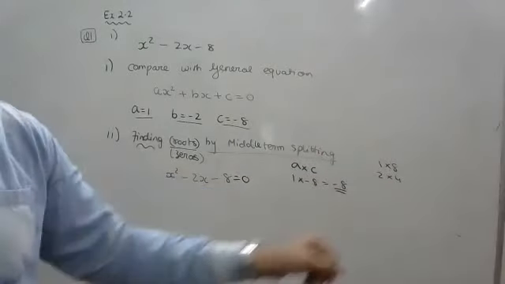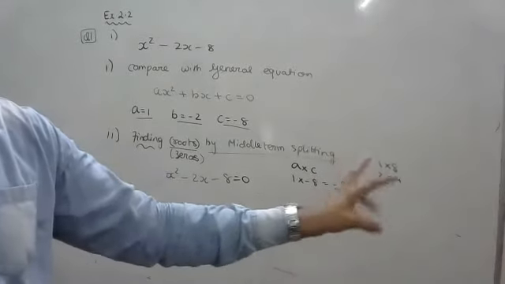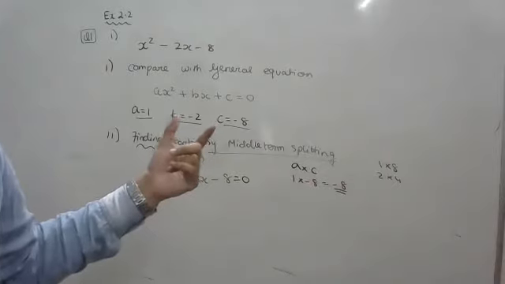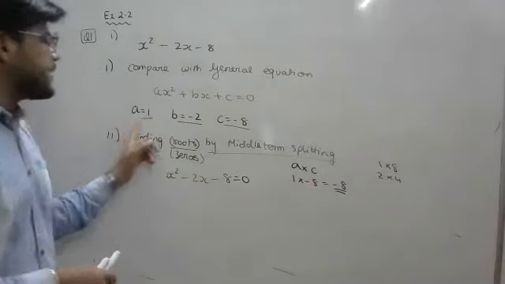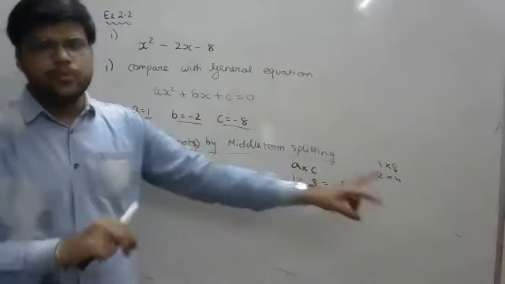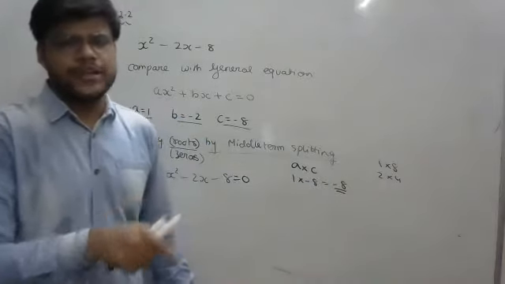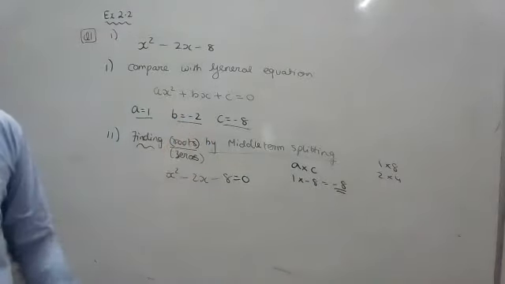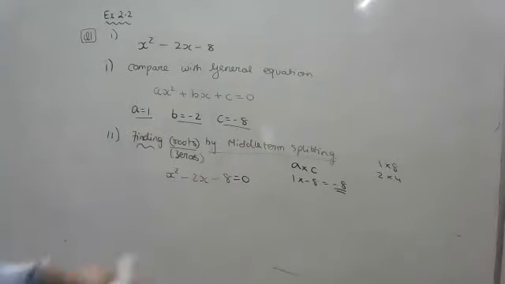If I add 2 and 4, I'll get 6. But if I subtract 2 and 4, there is a chance to get minus 2. So you have to find the scenario where you can break the product into two parts such that their sum or difference is equal to the middle term.